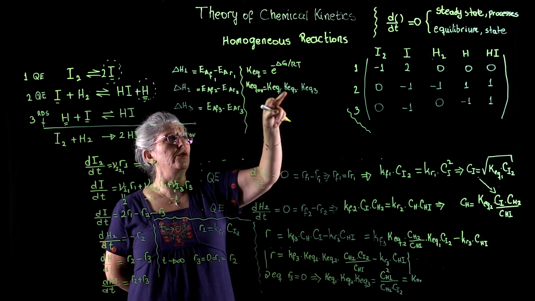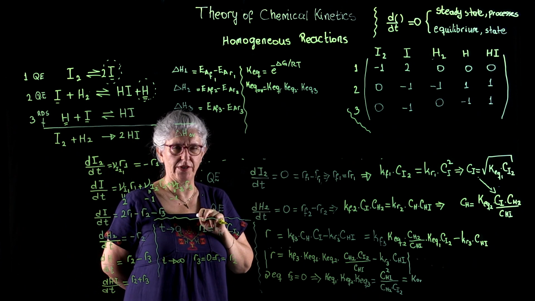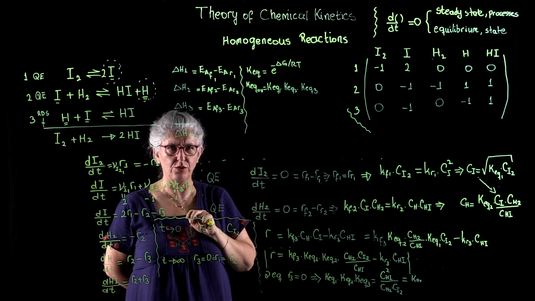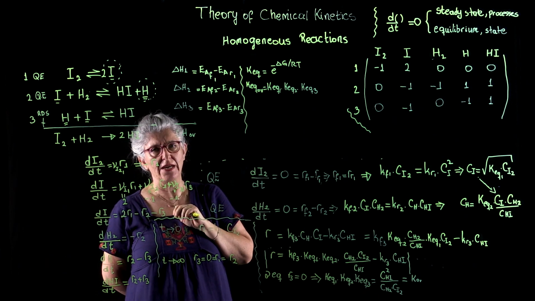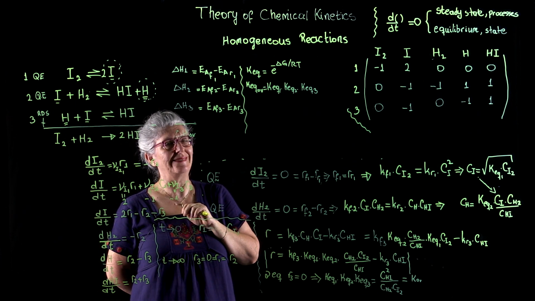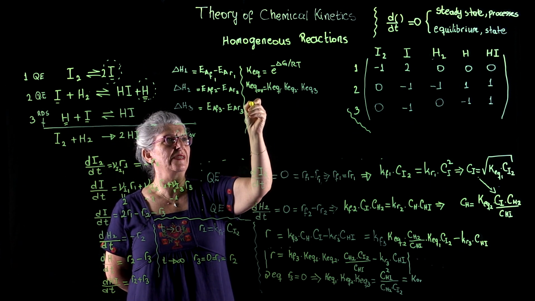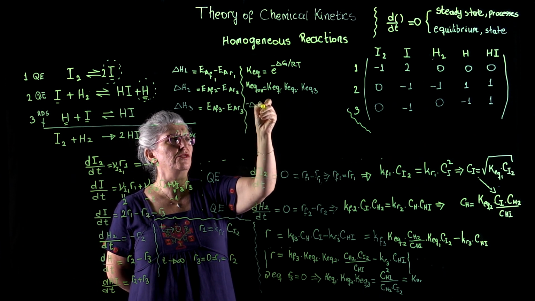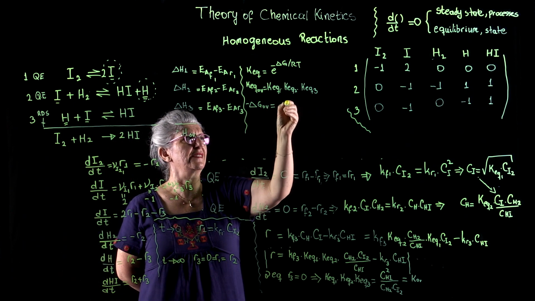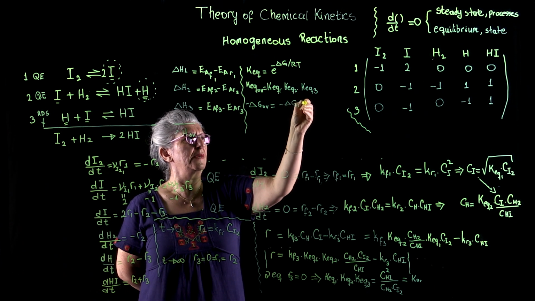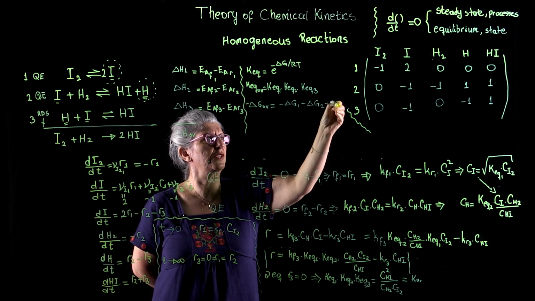They are all going to be raised to the exponentials. If I take the natural logarithm of both the right side and the left side of the equation, I should be getting a summation. So let's do that. Minus delta G overall then should be equal to minus delta G of 1 minus delta G of 2 minus delta G of 3.